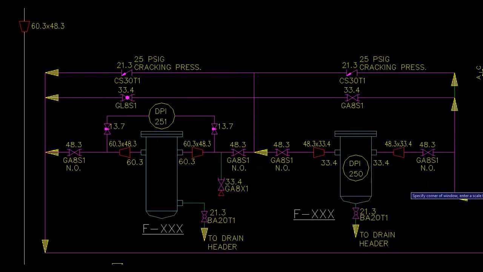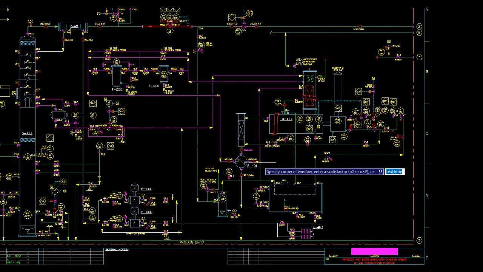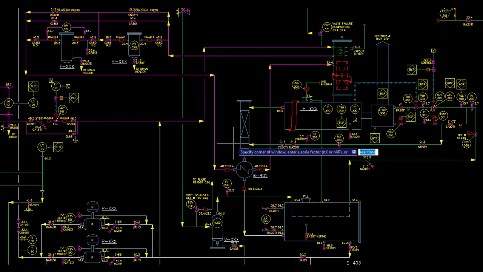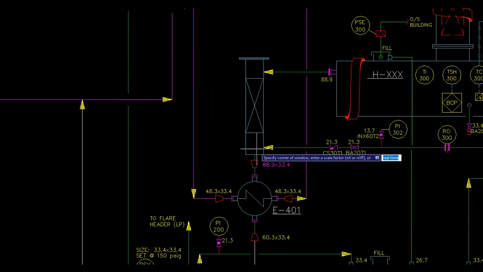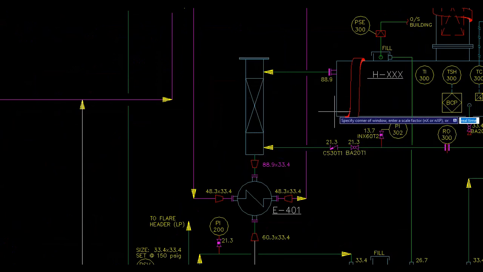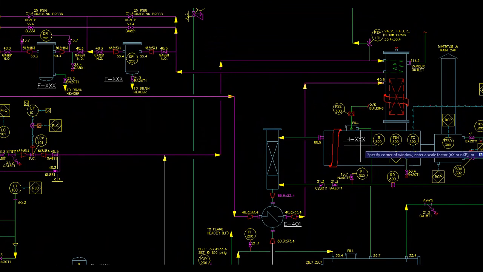Rich glycol from the filters will now pass through the packing in the reboiler section shown here. This packing is used to utilize the heat available in the steam rising up in the stack. All this is done to reduce the burden on the reboiler main duty.